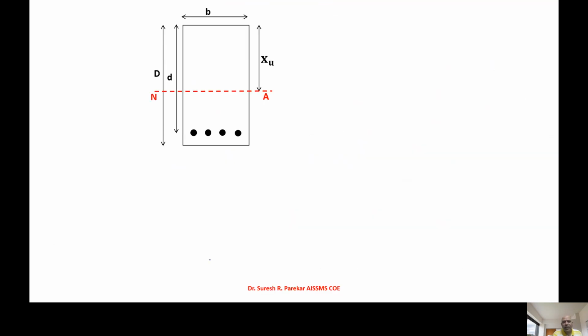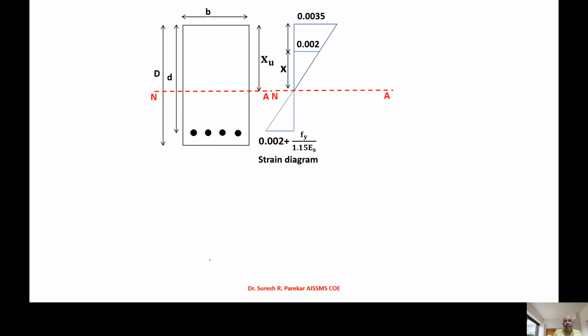Now we will go to the strain diagram given in IS 456. So we have the maximum value 0.0035, and then in steel we have 0.0032, that is concrete plus steel, which is fy upon 1.15 Es. This is the strain in steel.